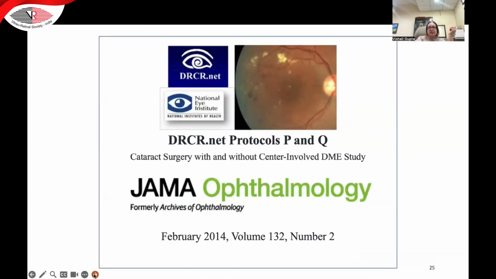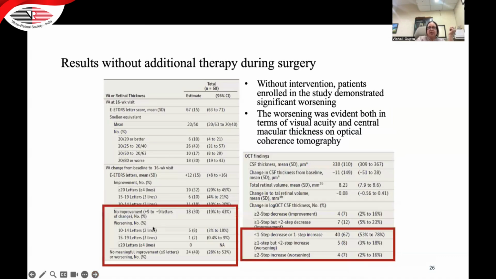There has been a recent article on cataract surgery with or without center-involving DME, and the results show that if you do not do any additional therapy during surgery, the patient will demonstrate a significant worsening.